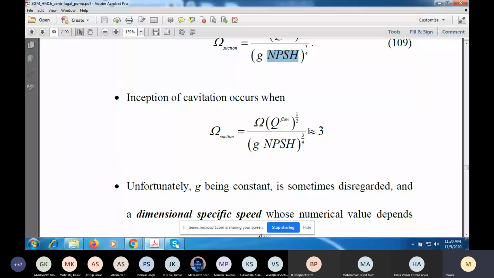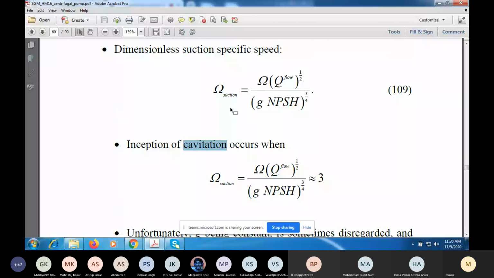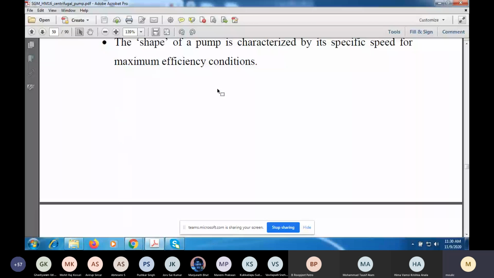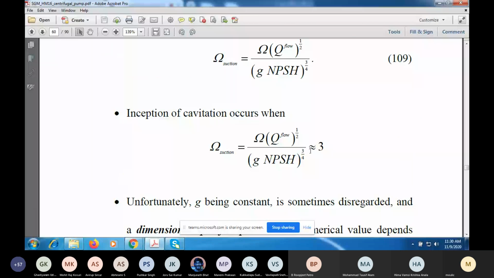And it has been observed that if omega suction falls to about 3, then cavitation starts. So you should ensure that this omega suction for your pump when it's running is greater than 3.